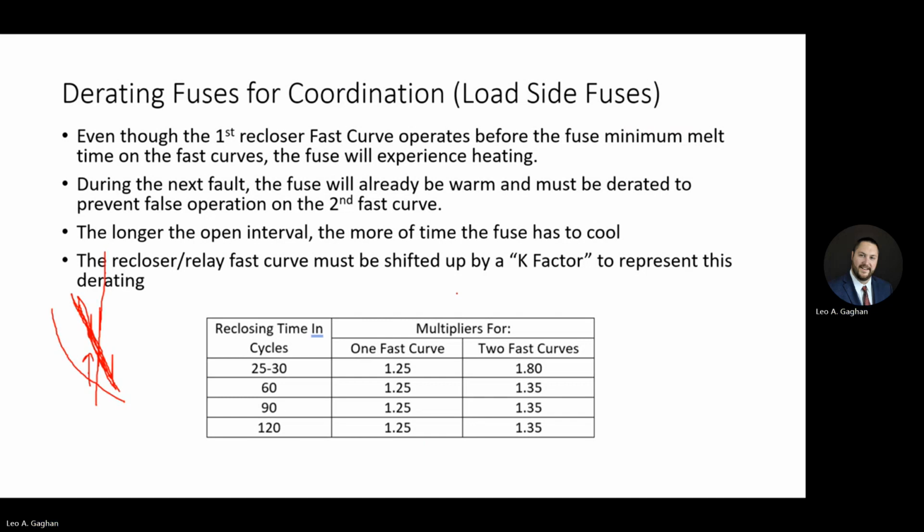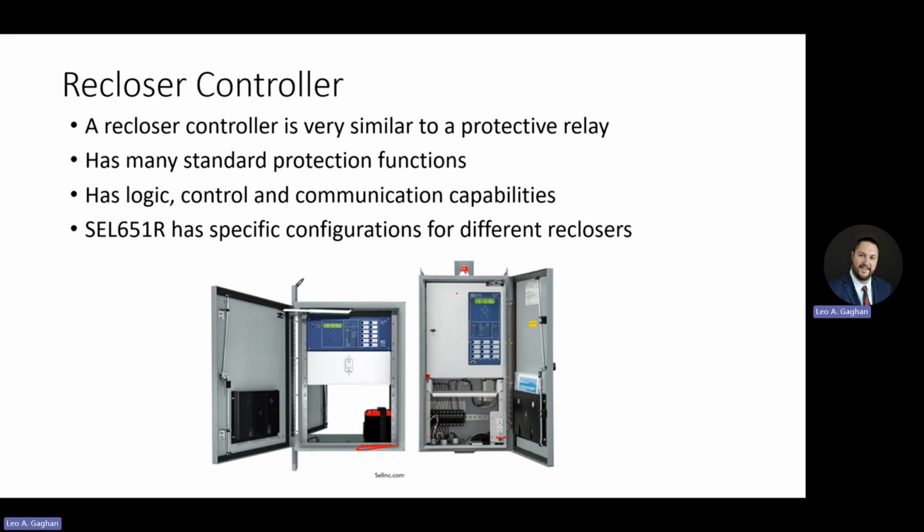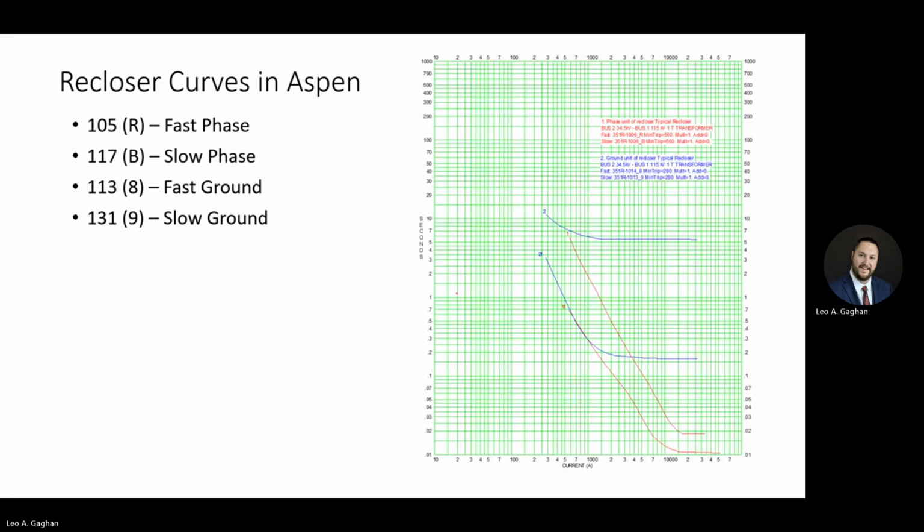I probably did this slide a little bit early, but it's great to see it here. So these are our fast and our slow curves, red being the phase and blue being the ground.